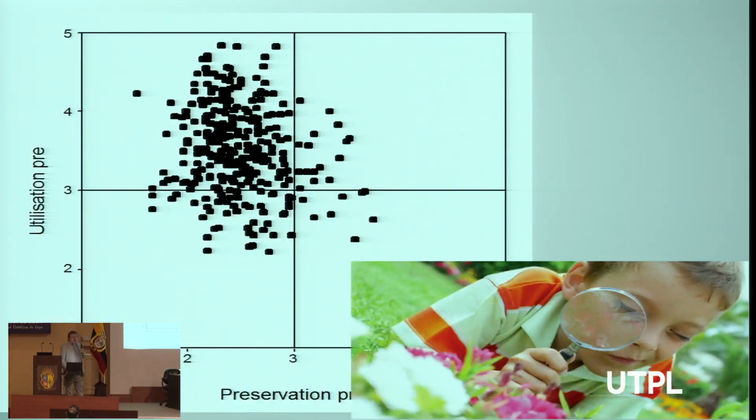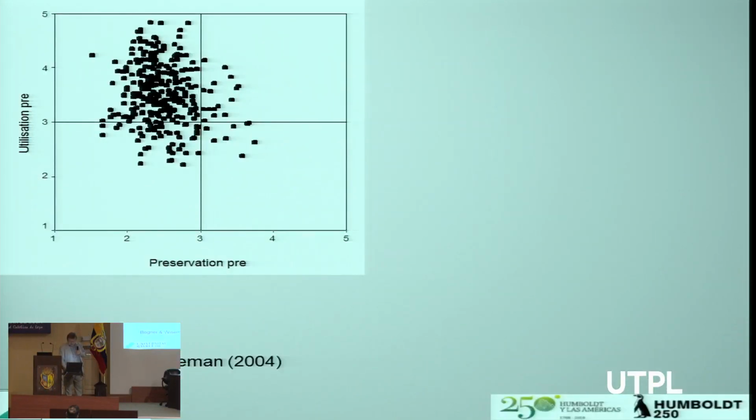Or another one, which of course is our core business. Here you see each dot is a pupil. And you see a subsample, pupils with low values in preservation and high values in utilization. And these pupils are spending one week in a national park in the middle of nowhere. No mobile, no pub, nothing, just in the middle of nowhere. What happened with these kids?